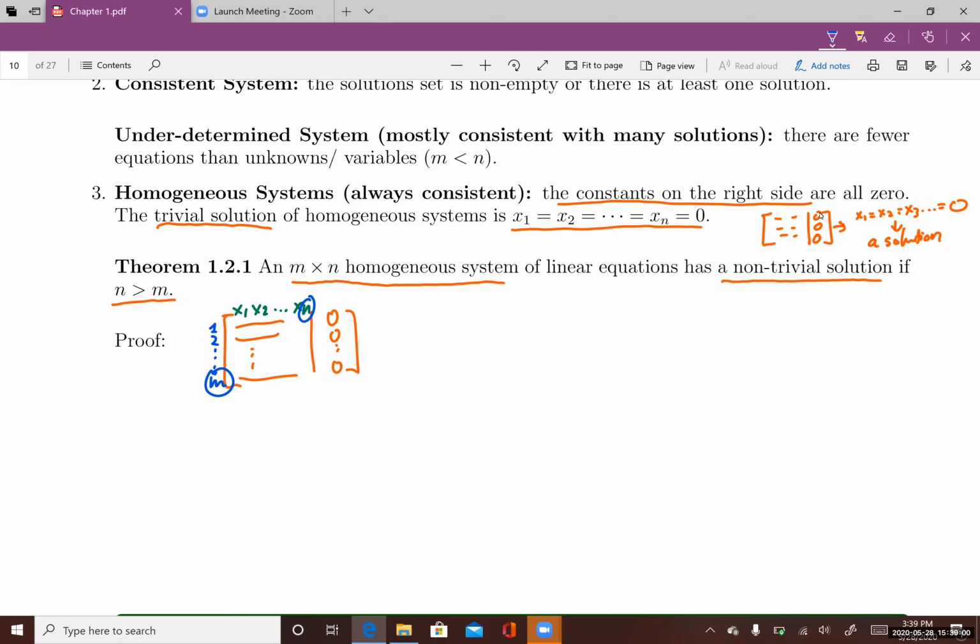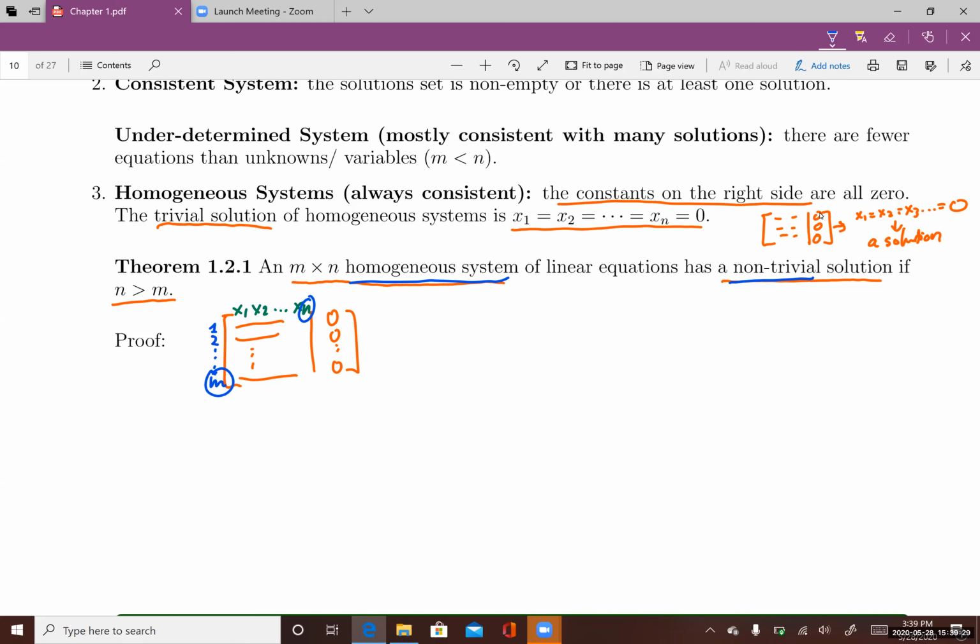So now, this is a homogeneous system, and you want to show that this system has a non-trivial solution. That means this system has a solution that is not just zeros. We know that a homogeneous system has at least the trivial solution, but what we want to show is that this system has a non-trivial solution.